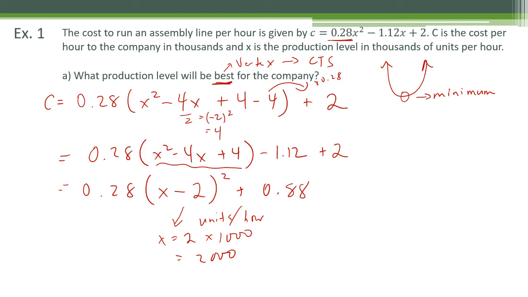C, which is the y value of our vertex, our optimal value, which in this case is a minimum, is our cost per hour, which is 0.88, right? But that also said in thousands, so multiplying by 1,000 gives us $880.